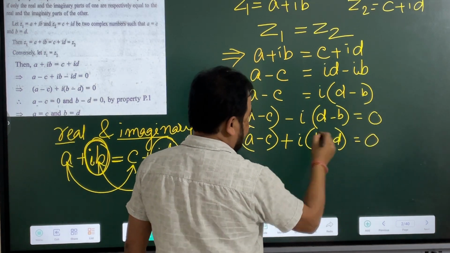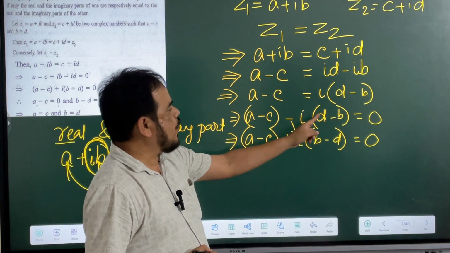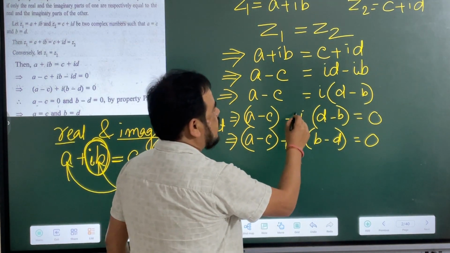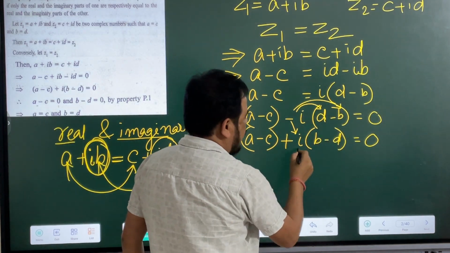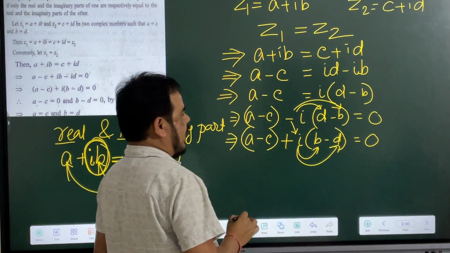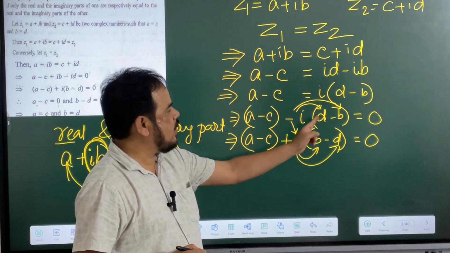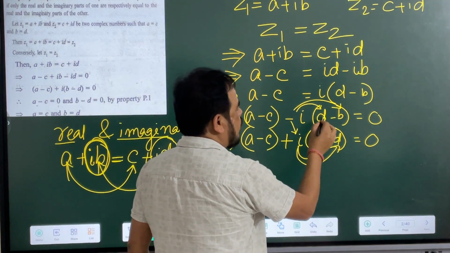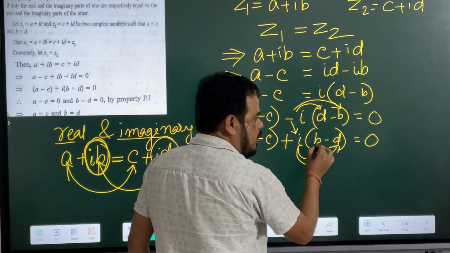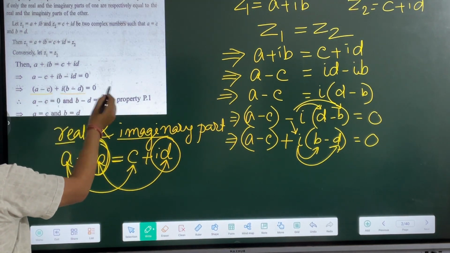I hope you understand this one. Minus id plus ib, into d minus b is minus id plus ib. If we multiply this one and this one, and this one and this one, you will get the same thing. Only I have changed the sign. a minus c plus i into b minus d. Here minus i means multiply. Minus i into d minus b, minus i into minus b plus ib. So just interchange: a minus c plus ib equals 0.